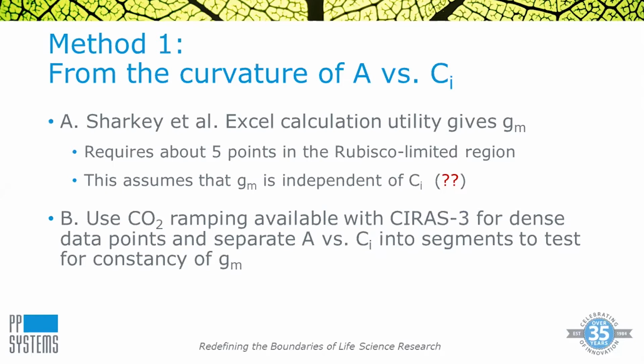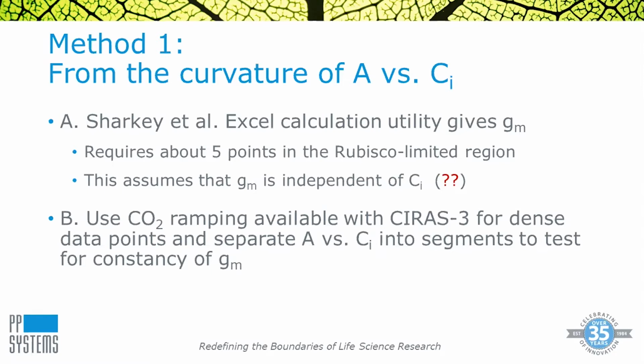It requires about 5 points in the rubisco limited region of the curve, and the calculation assumes that mesophyll conductance is independent of CI. And that's a somewhat dubious assumption, and we'll talk about that more in a minute.